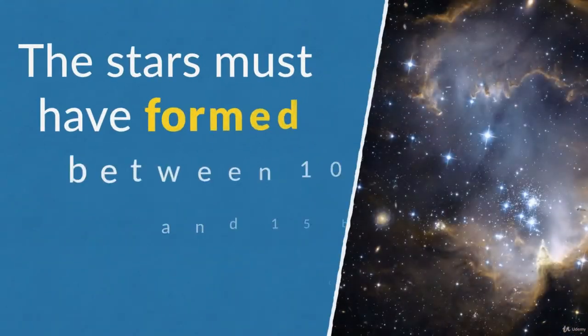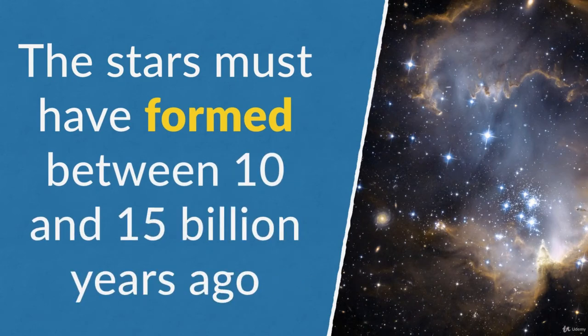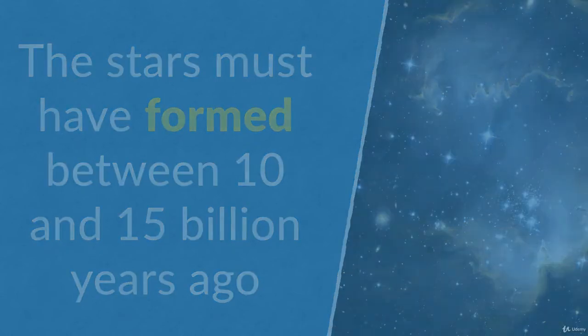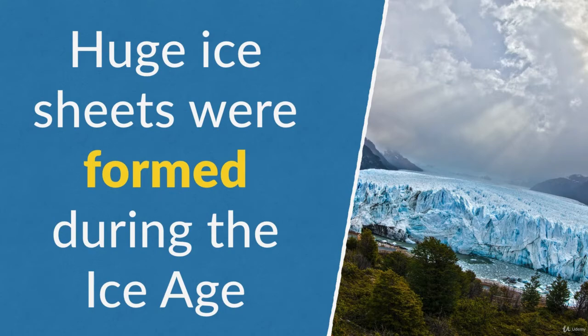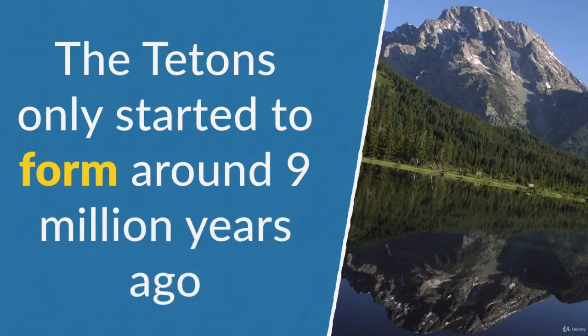Some example sentences. The stars must have formed between 10 and 15 billion years ago. Huge ice sheets were formed during the Ice Age. The Tetons only started to form around 9 million years ago.